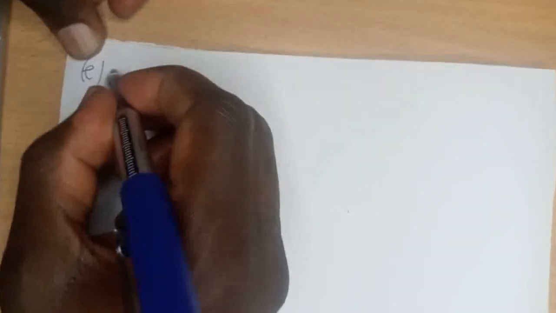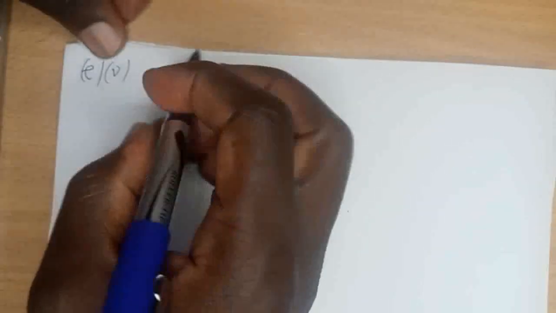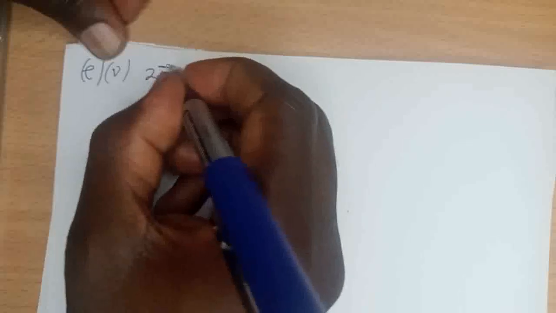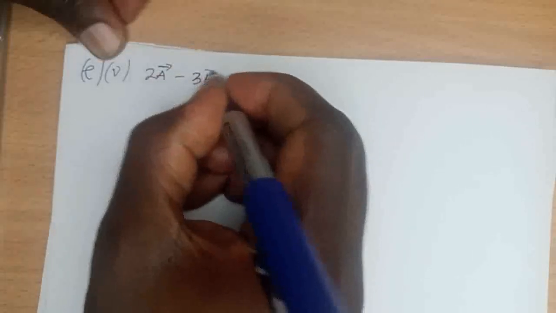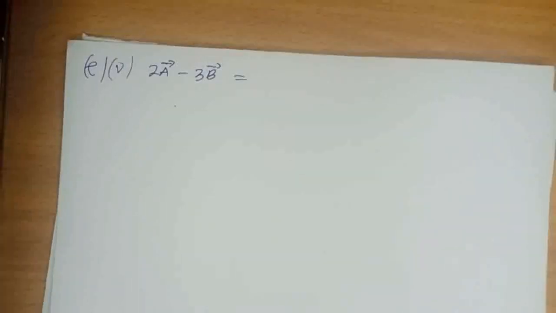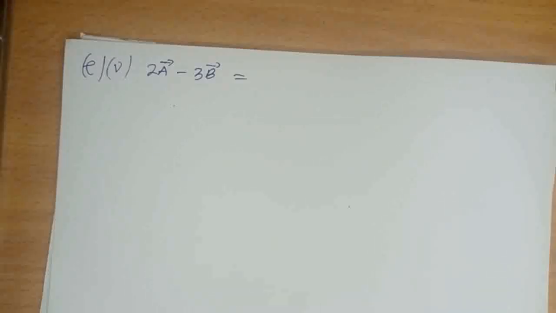So we move on to Roman number 5, the last one. It says we should get the magnitude of twice A minus 3 times B, and we got this vector. We calculated it before. Let me bring it here.